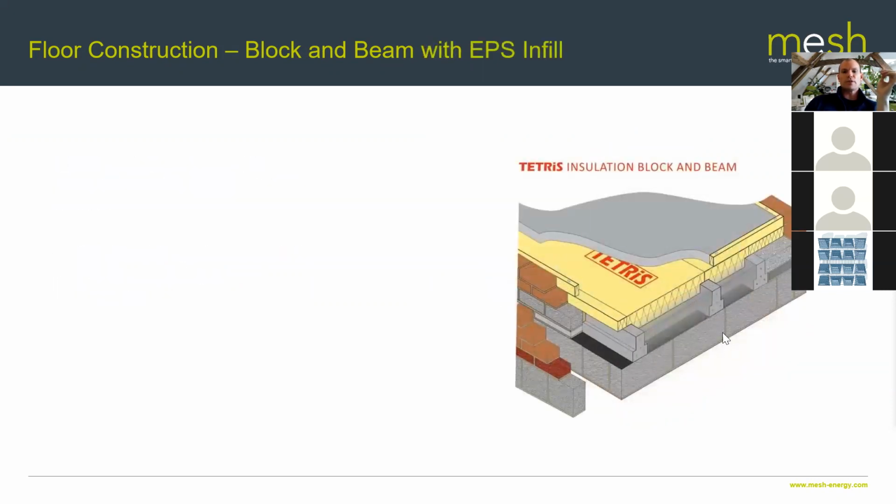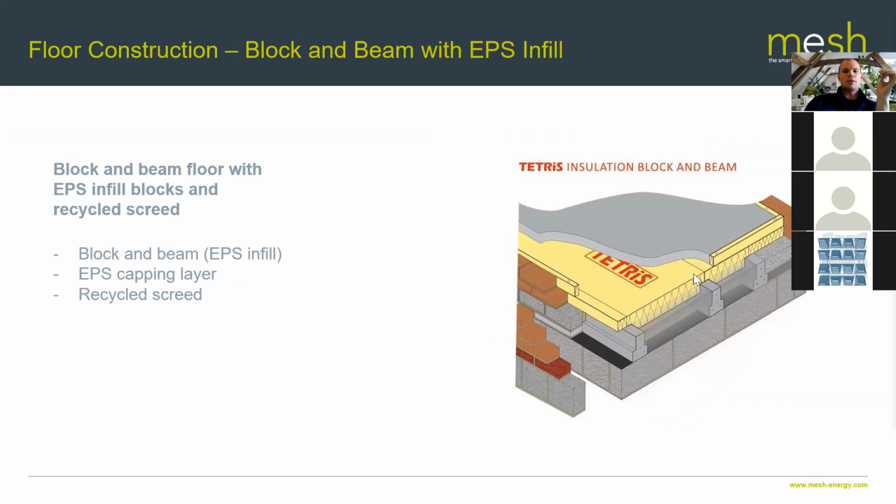And your alternative to that is using a recycled underfloor heating screed. And you can get these EPS infill blocks as well, which are lower carbon and structural insulation, I believe. So those are three that we're going to be looking at.